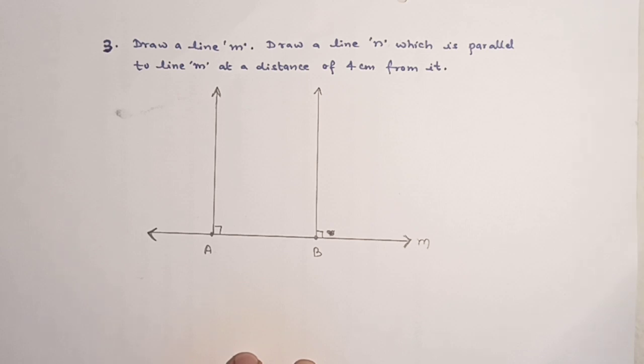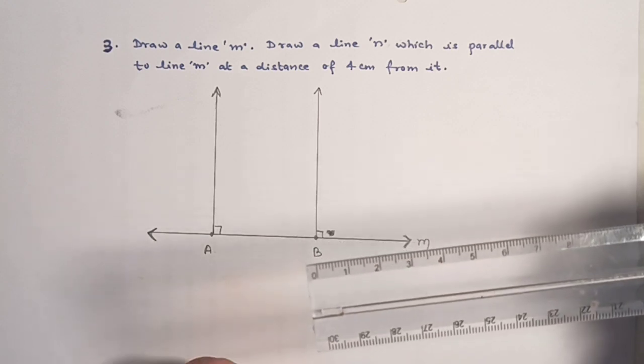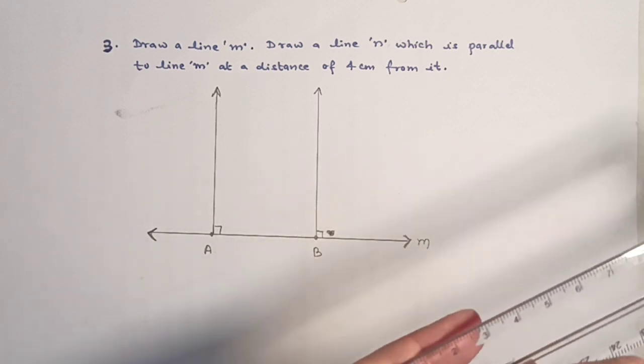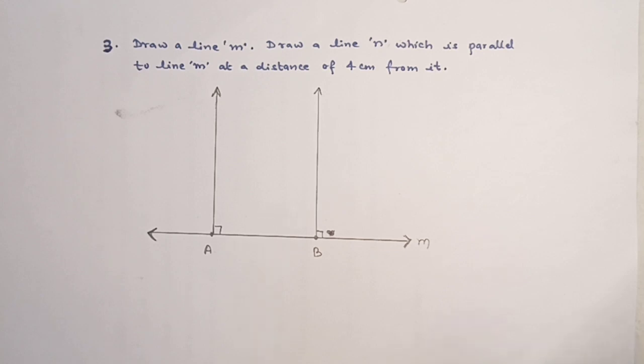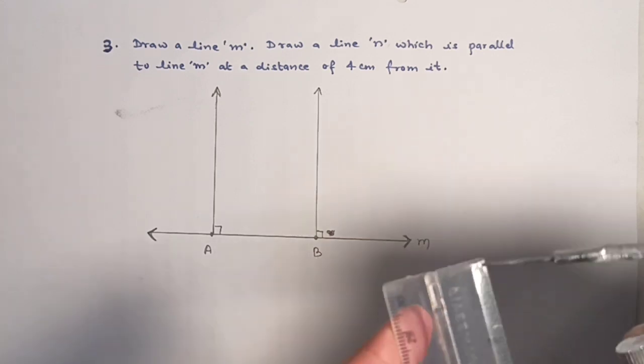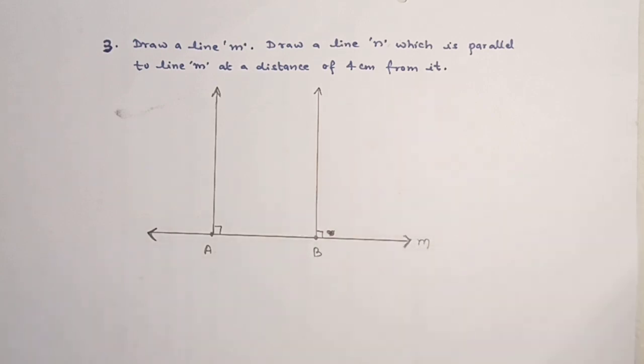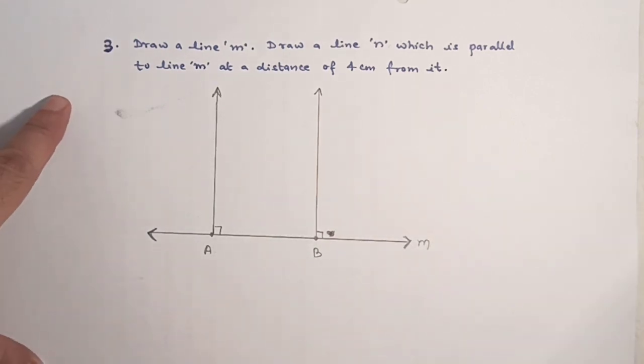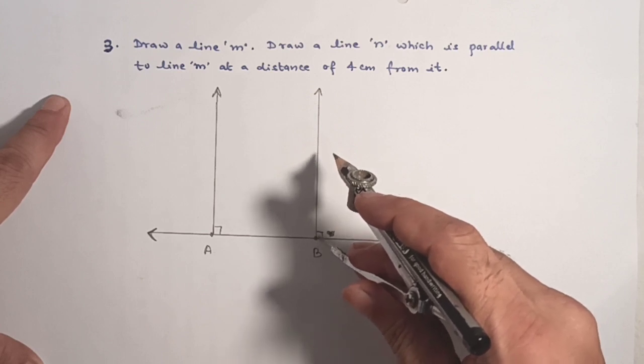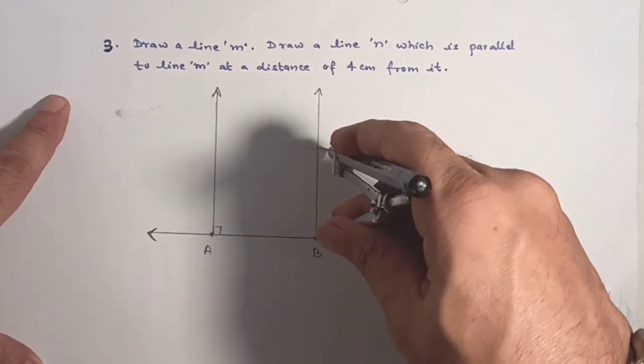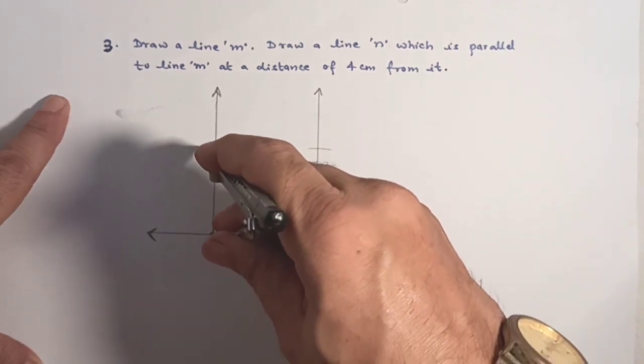Now with the help of scale and compass, find the distance or the measure of 4 centimeter. So 4 centimeter, and then make arcs on these perpendiculars, 1 and this is second.